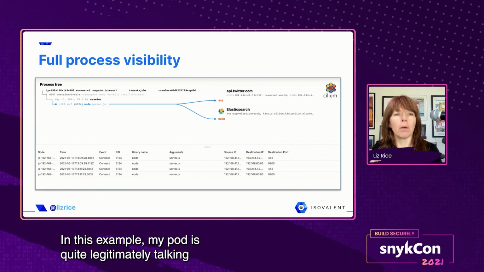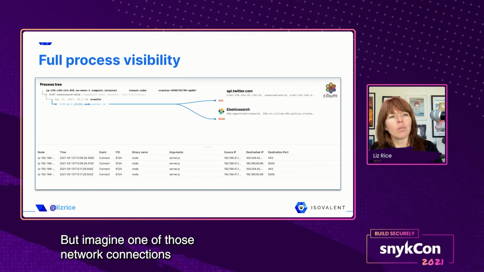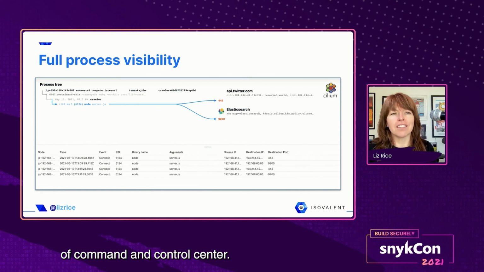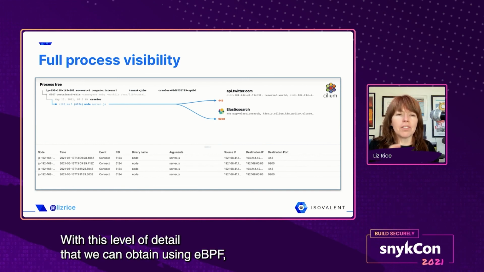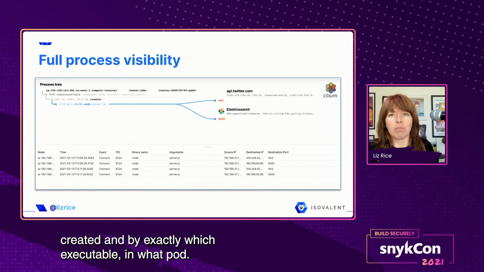In this example, my pod is quite legitimately talking to Twitter and an Elasticsearch service. But imagine one of those network connections is going to a cryptocurrency mining pool or some kind of command and control center. With this level of detail that we can obtain using eBPF, we have all the forensic information we might want to be able to see how that network connection was created and by exactly which executable in what pod.